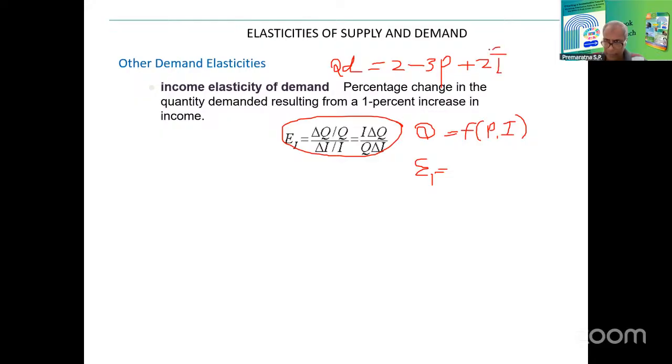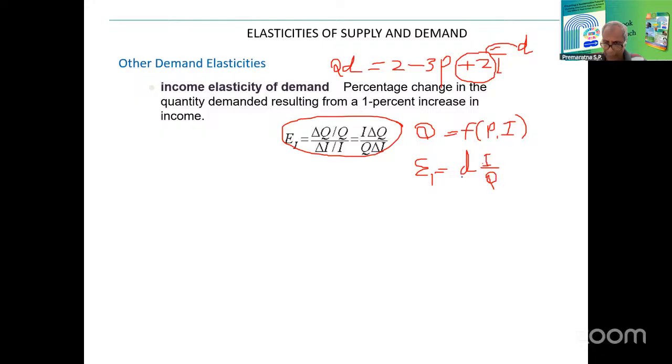So this is the income variable, and here the coefficient is the parameter related to the income variable. So the income elasticity you can measure as ∂QD/∂I times I divided by QD.